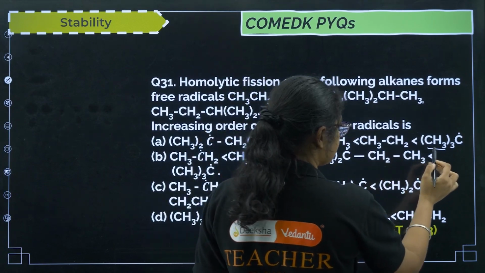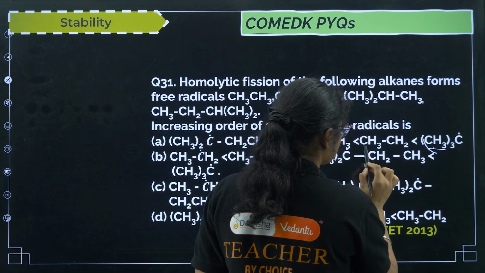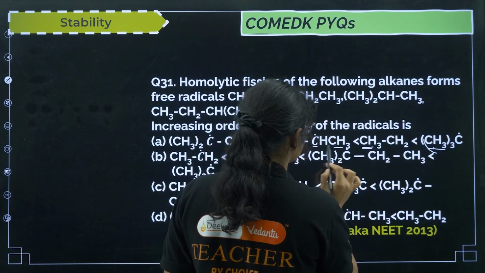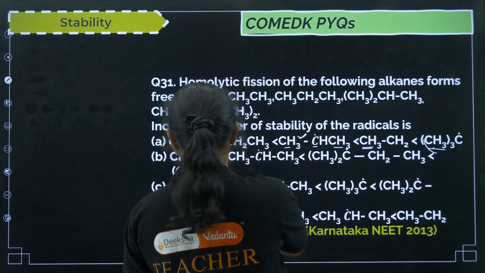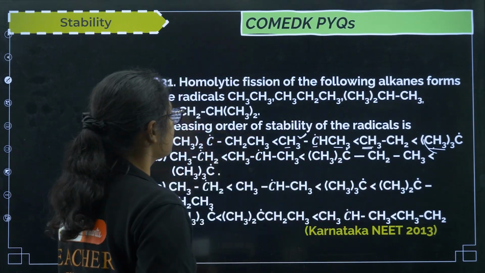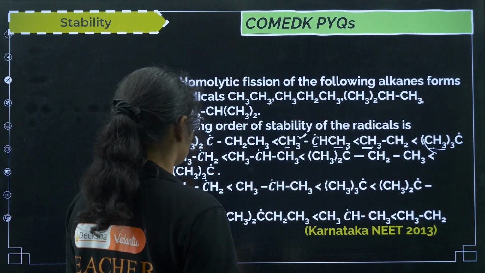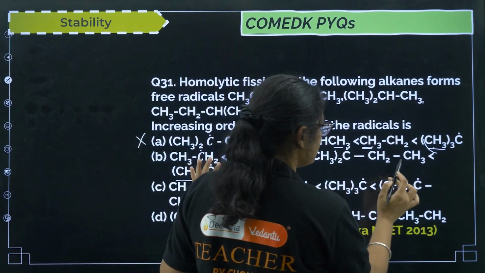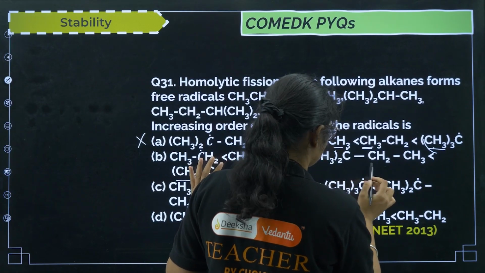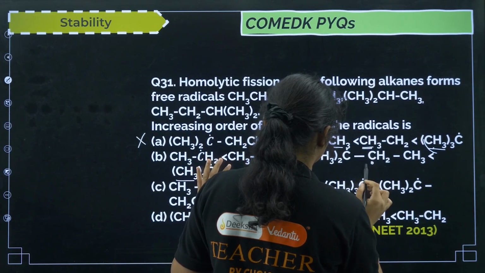Here you can see there are 9 alpha hydrogens, here there are 3, and here there are 6 alpha hydrogens. So this should be more stable than this one. So here the order is wrong, so this answer is incorrect. Then you have the next one, here you can see 9 alpha hydrogens, so it is more stable. Then here you have this, this is the radical, right?